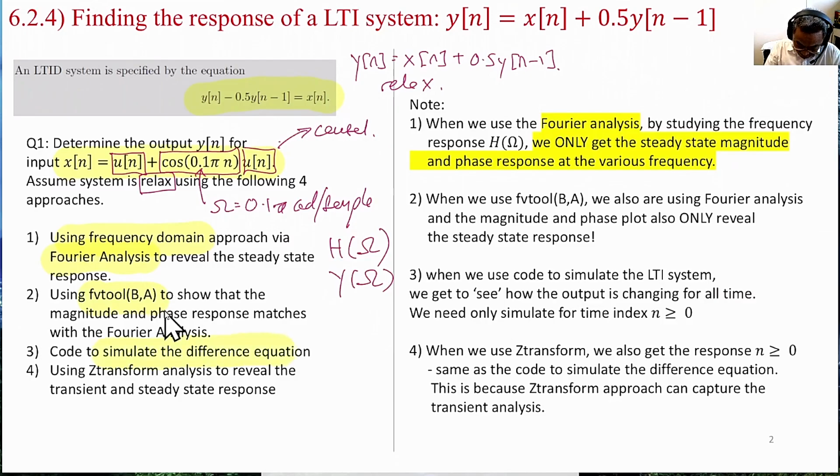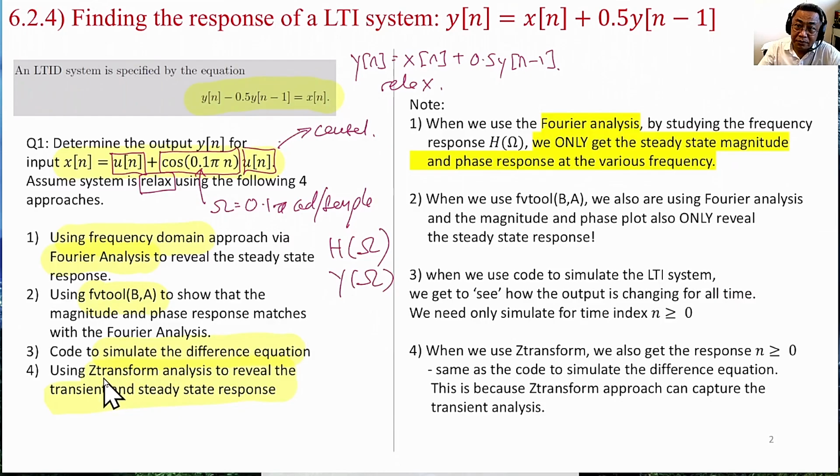And the other one is we're going to use the difference equation. Basically, we're going to use this equation and code up a for loop to generate y[n] for all the different x[n]. And finally, we are also going to use the Z-transform, and we will show you the transient versus the steady-state response given by the Z-transform.